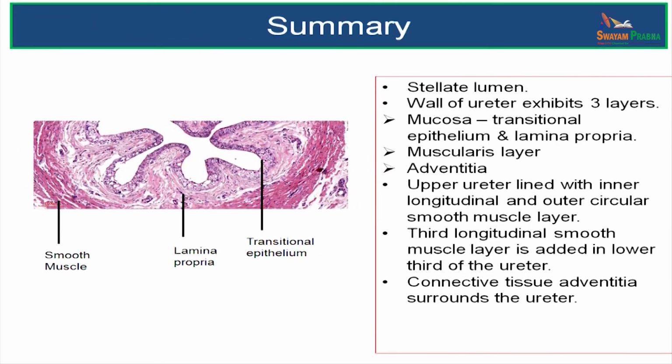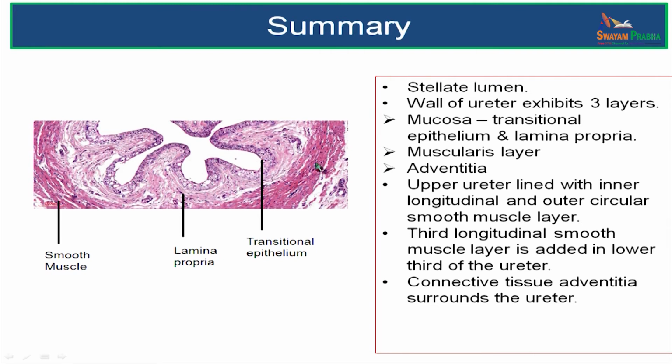So, we will now summarize what we have learnt in the microscopic anatomy of ureter. As you can see from the picture, all the layers in the wall of the ureter, the lumen is stellate or star shaped.